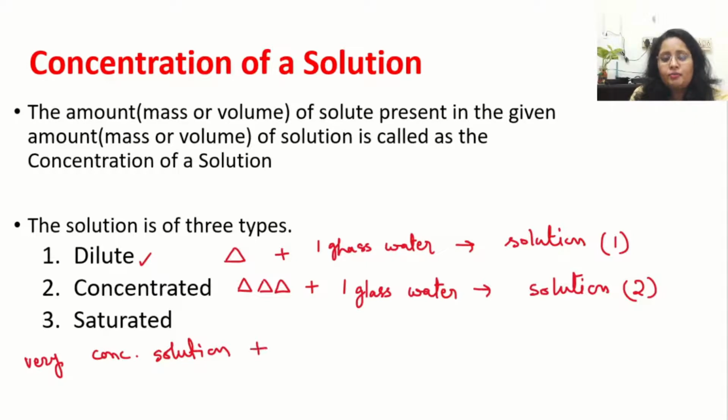If we add 1 more spoon of sugar, what will happen? Will it dissolve or not? At some stage, the sugar will not dissolve in the water. After putting in a lot of sugar, at one stage the sugar stops dissolving in water. That stage is called the saturated stage, and the solution we get at that stage is called a saturated solution.